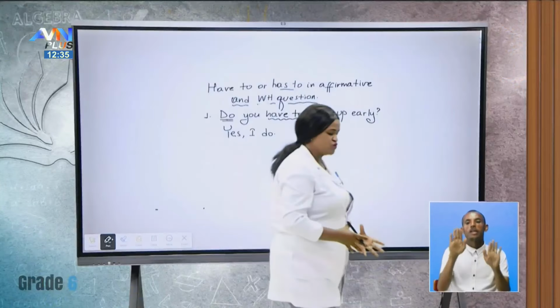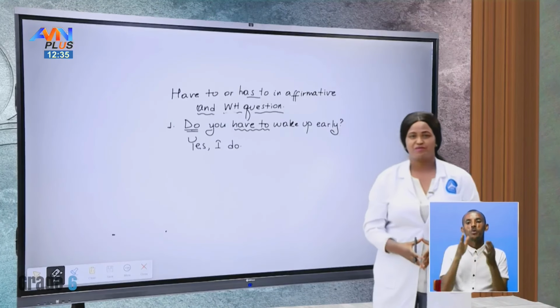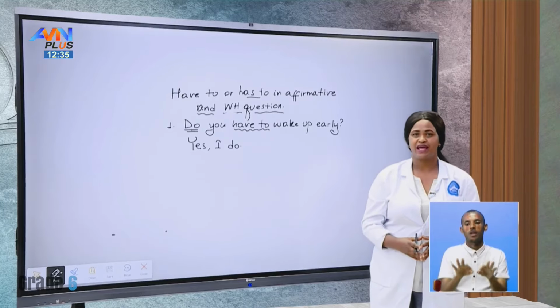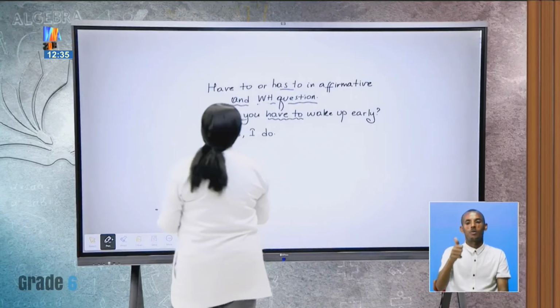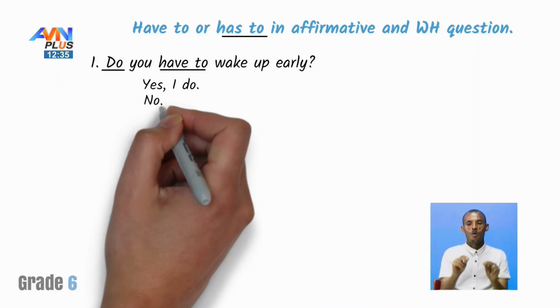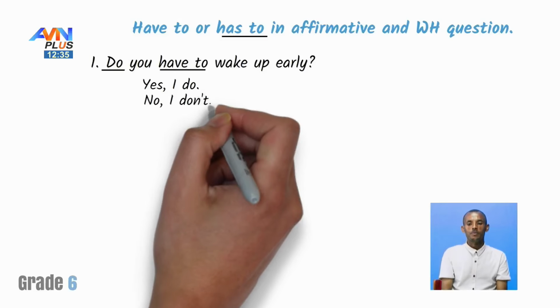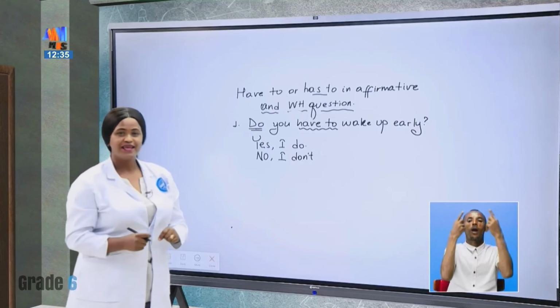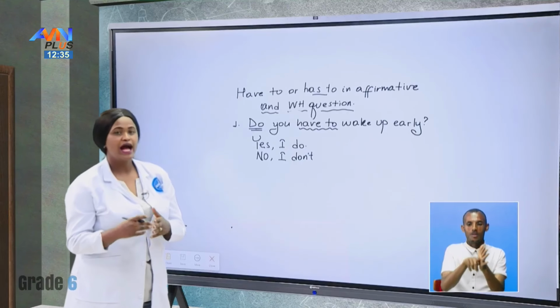You don't have school, so maybe you don't want to wake up early. So at that time, if not necessary, what do you say? No, I don't. Very good. No, I don't. Good. Do you have to wake up early? Yes, I do. Or negative, no, I don't.